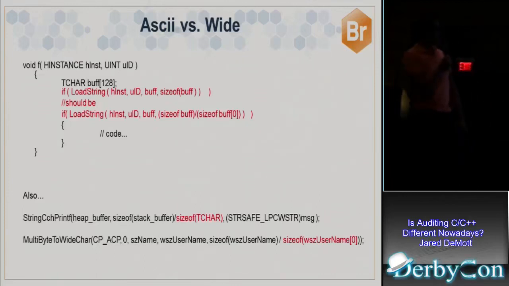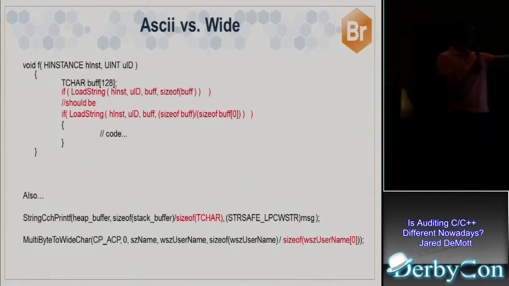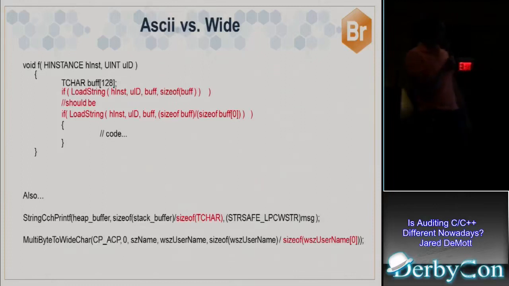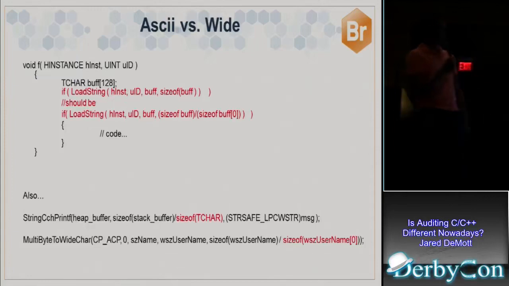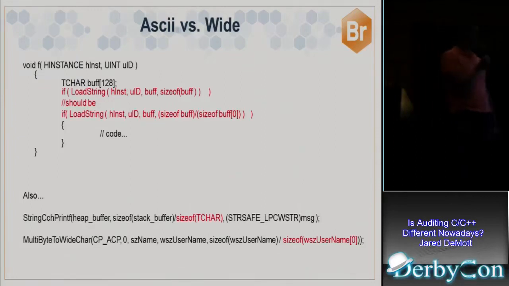And it's really goofy because normally you would think that if you're setting aside 128 bytes, you could say copy whatever this ID is into this buff destination, copy that sizeof buff. That should be fine, right? You're saying it's the sizeof buff, but sizeof returns bytes, so sizeof will return 128 times 2. And when it actually does the copy, it treats the number of elements that you want to copy as individual TCHARs.